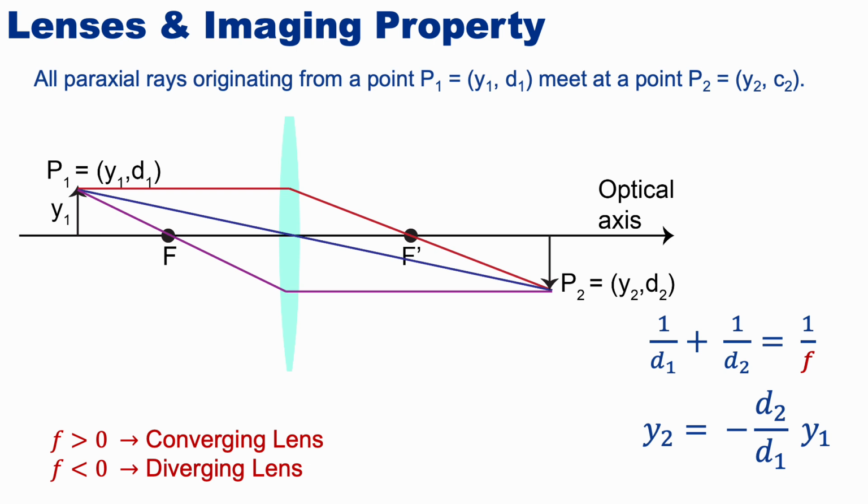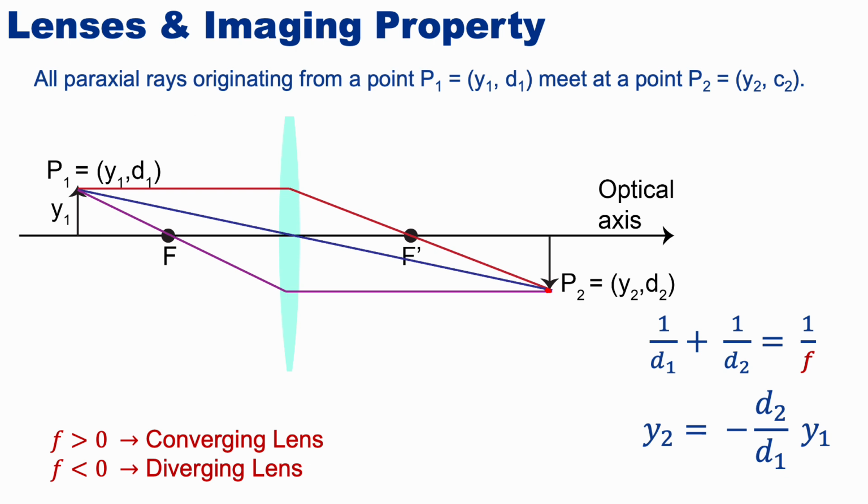Then we have the ray that goes to the center of the lens without any distortion, and then the ray that goes through the front focal plane, and when it meets the lens, leaves the lens parallel. Then the intersection is gonna be my image location.